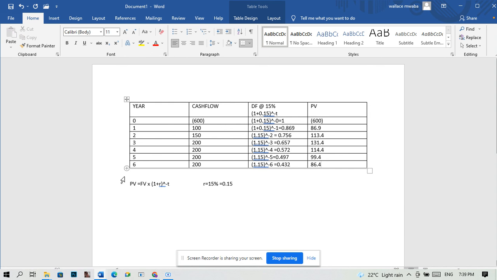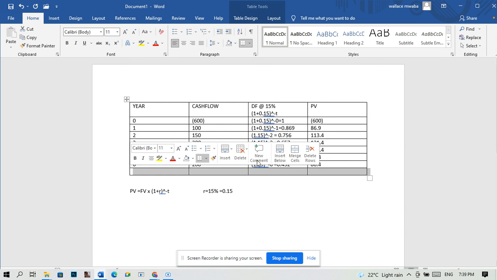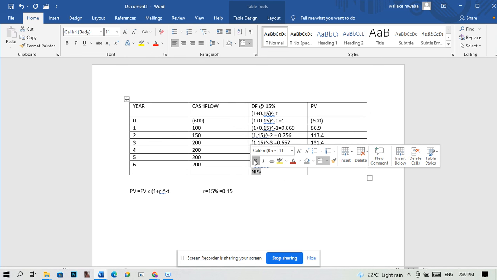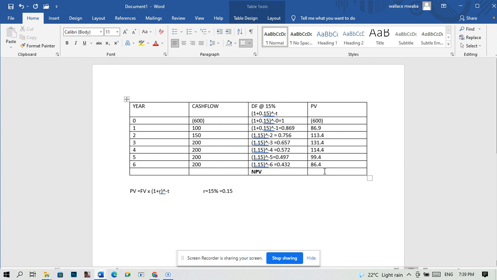Now we're going to total up our present values so that we can get our NPV, which is our net present value. Get your calculators ready.